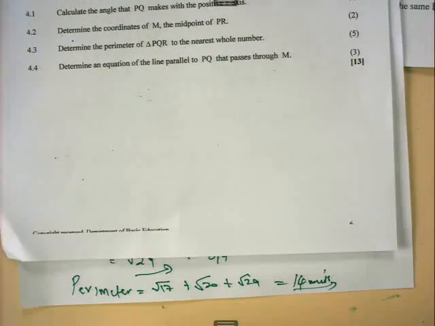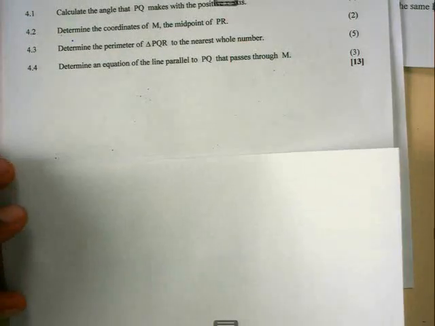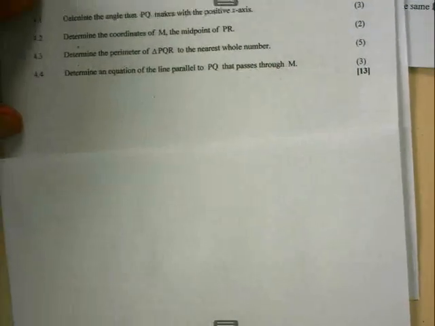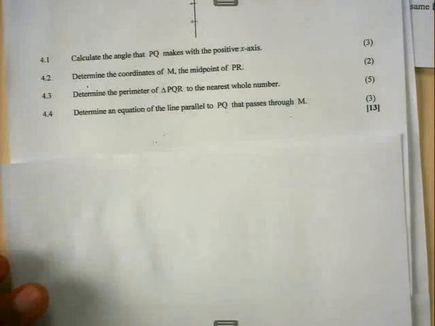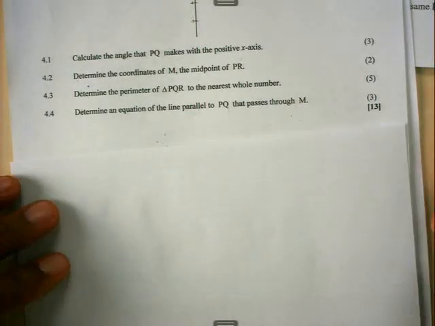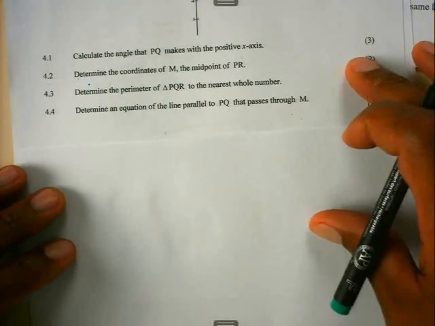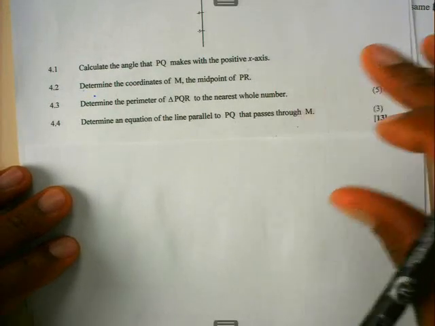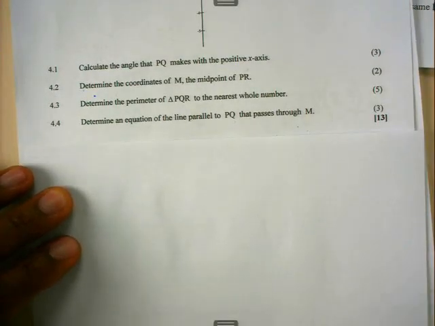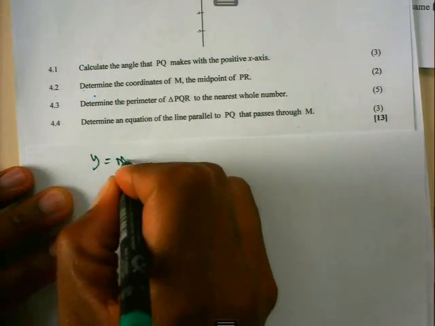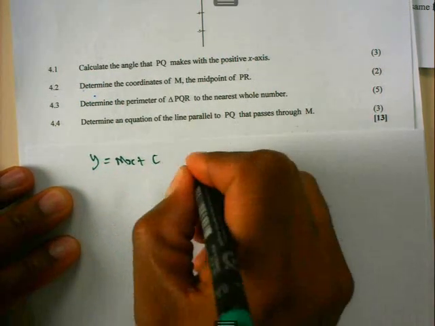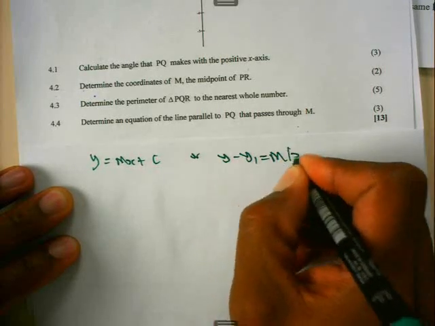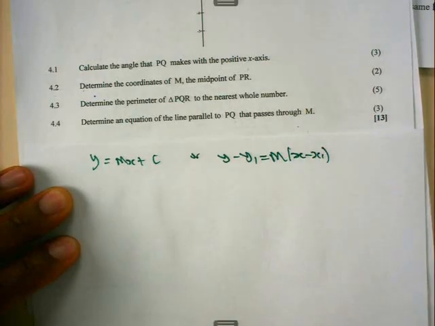That is question 4.4. Determine an equation of a line parallel to PQ that passes through M. Of course, you remember the equation of a straight line is y is equal to mx plus c, or one can say y minus y1 is equal to m into x minus x1.